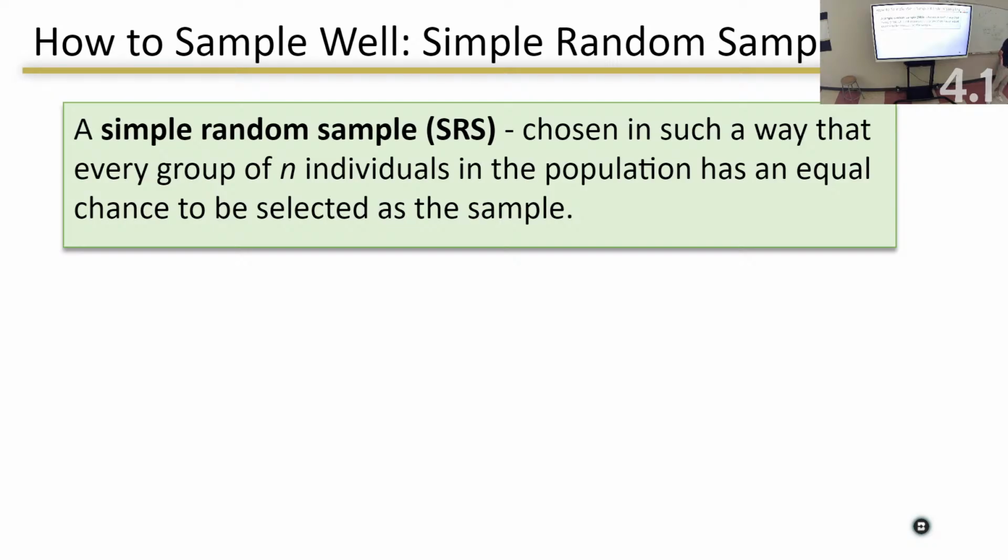Each student has their own name. Put all their names into a hat on equal pieces of paper. Mix them up thoroughly, pull out 1. Don't replace it. You actually have to say that. Don't replace it and pull out another one. Do that 5 times until you get 5 people. That's called the hat method.